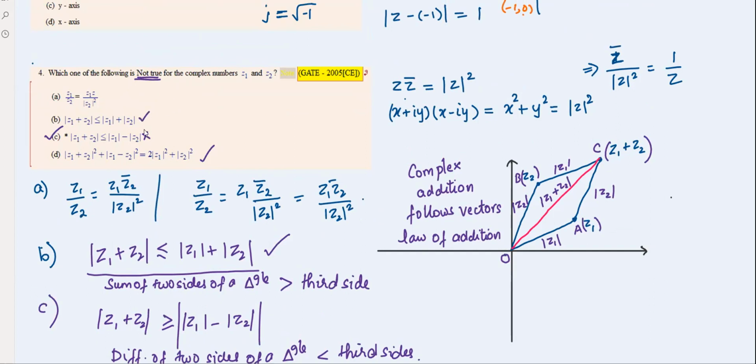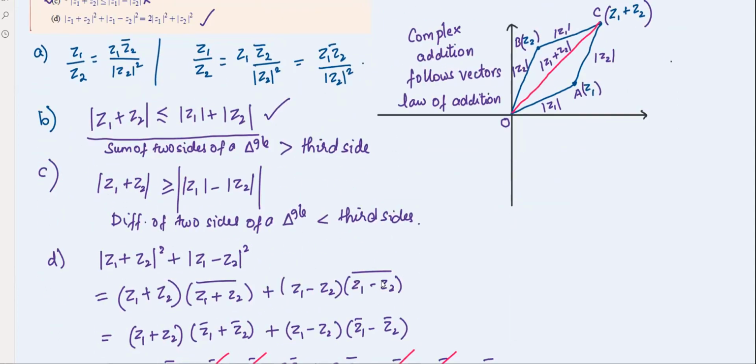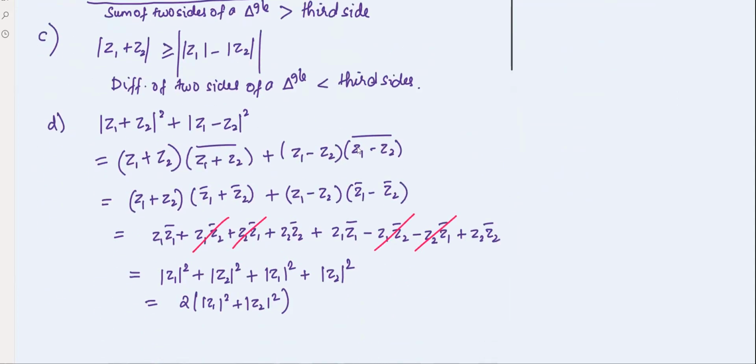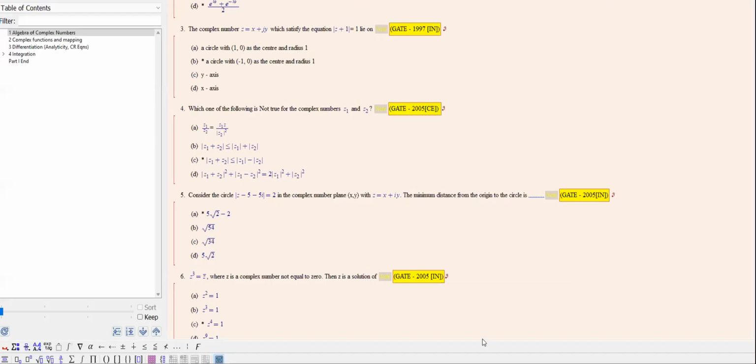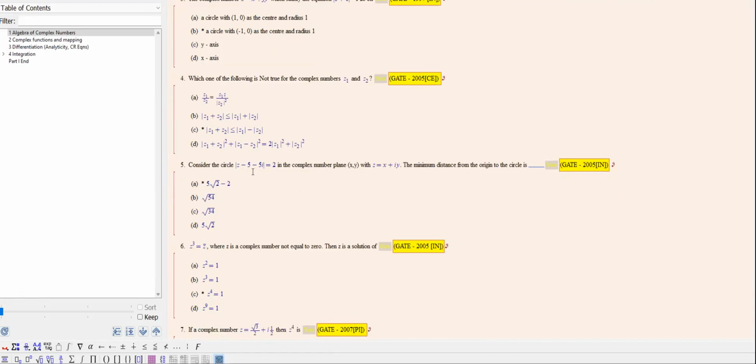This is a correct statement. So these are properties of complex numbers. Okay, this is a good question.